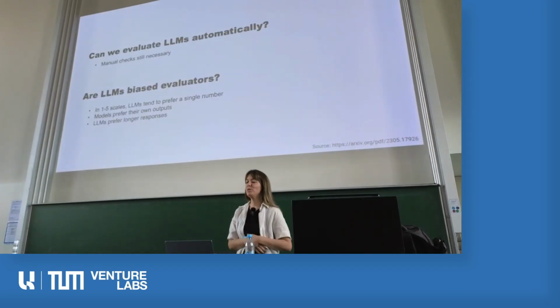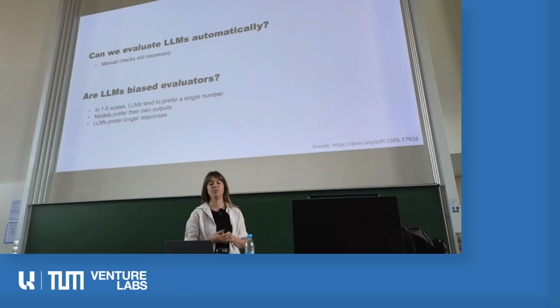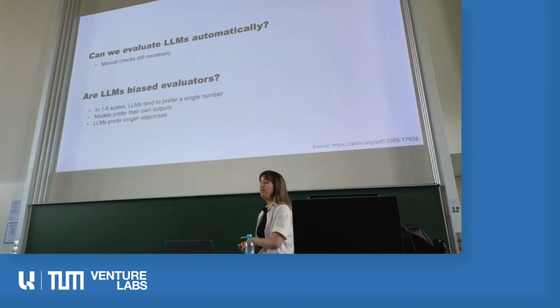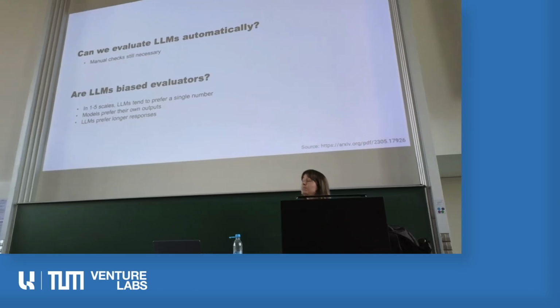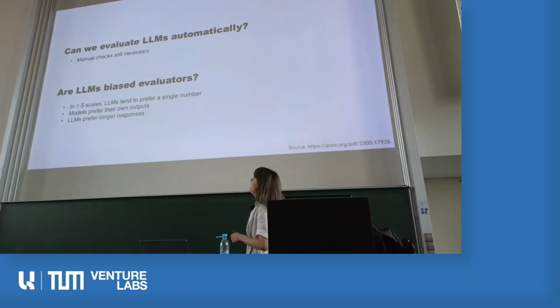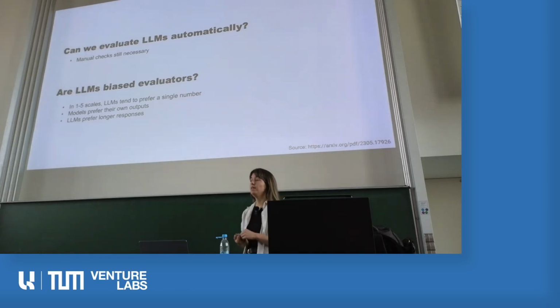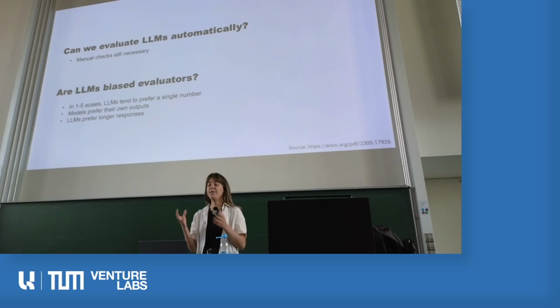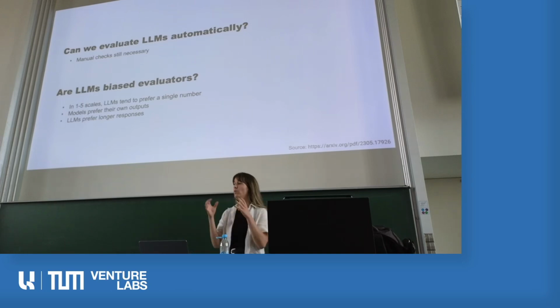Almost the end. So what I want to leave this session with are these 2 questions. Can we evaluate LLMs automatically? And are LLMs biased evaluators? When it comes to the first one, that's the difficult part. What is the best case?